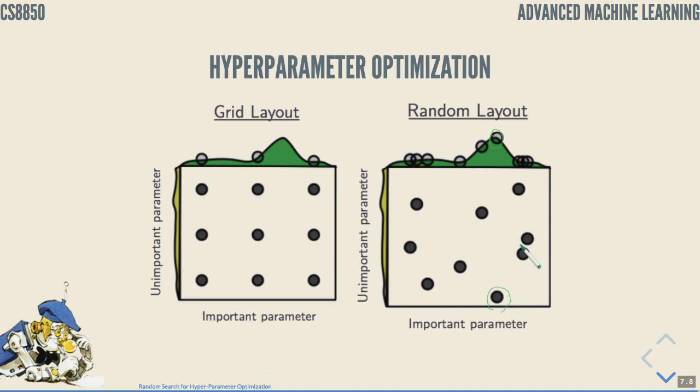This guy. So this combination of H1 and H2 will give you the highest balanced accuracy, or whatever metric you're trying to optimize, and the chances that you will find it are higher.